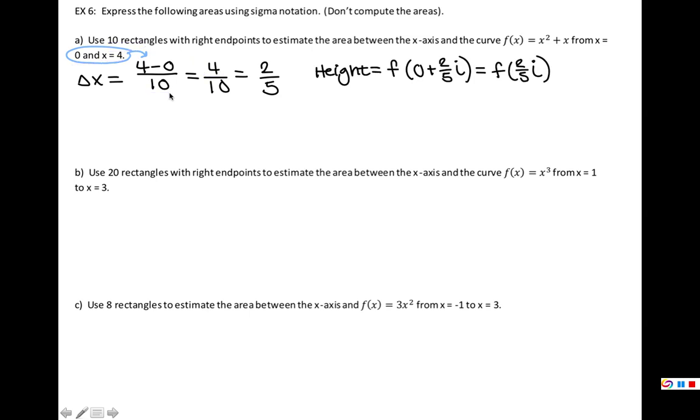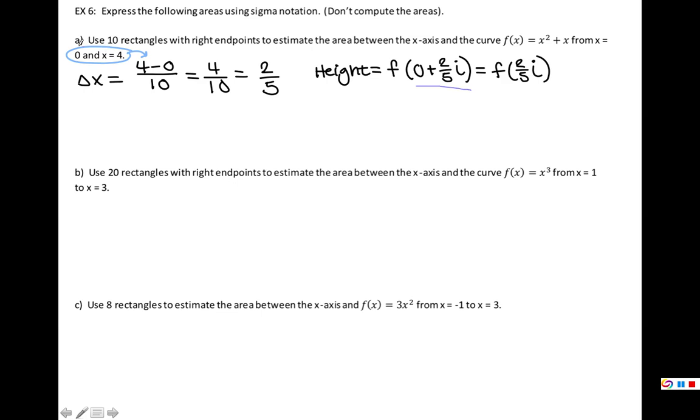Now the height of my rectangles, I've used the formula I just gave you. The formula said you do f of a, and a was the left side. I wonder if I said that backwards in the other slide. I'm sorry if I did. But the starting point is the left side of our interval.